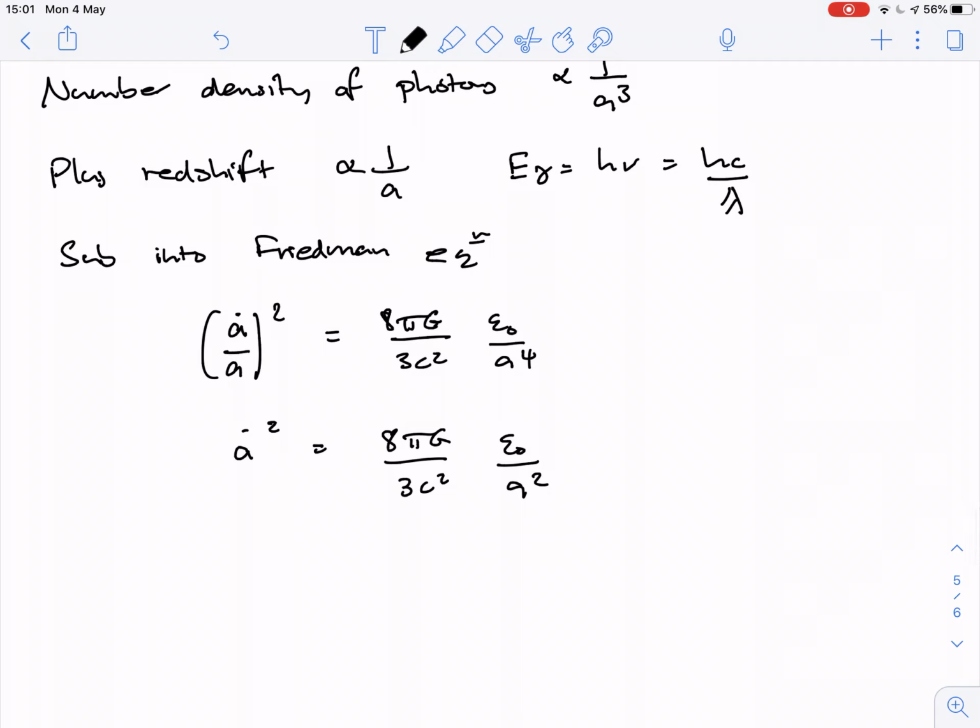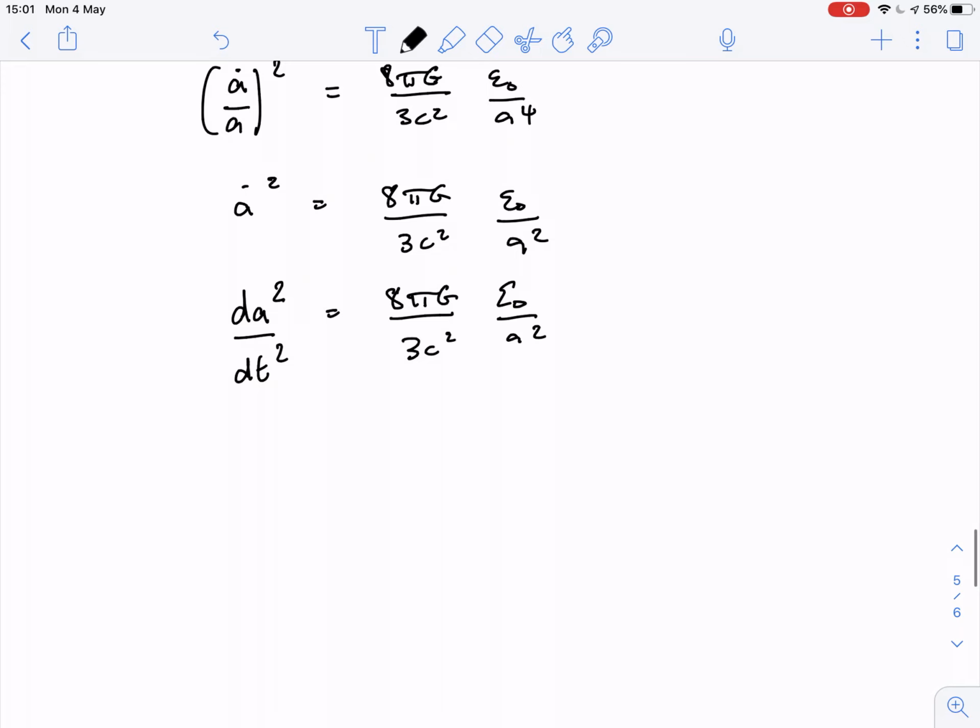Okay, so (da/dt) squared equals 8πG over 3c squared ε naught over a squared. So let's just square root everything here. I therefore get a da equals the square root of 8πG ε naught over 3c squared times dt.